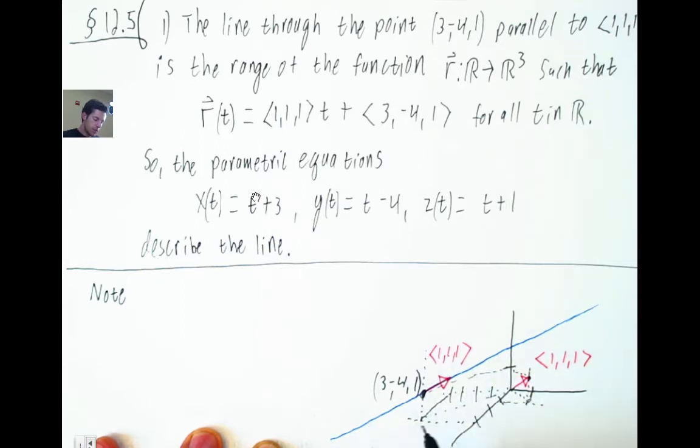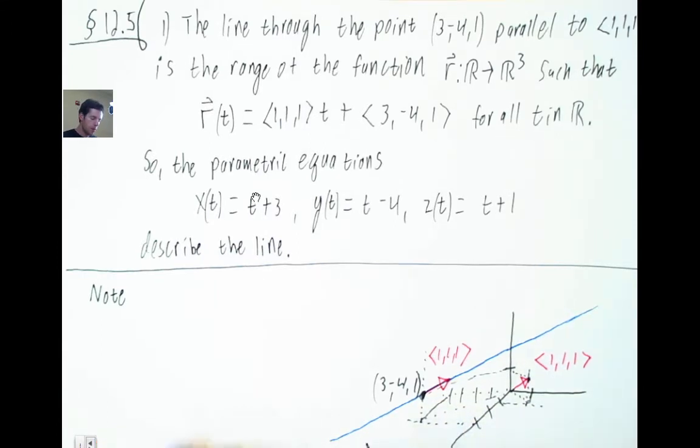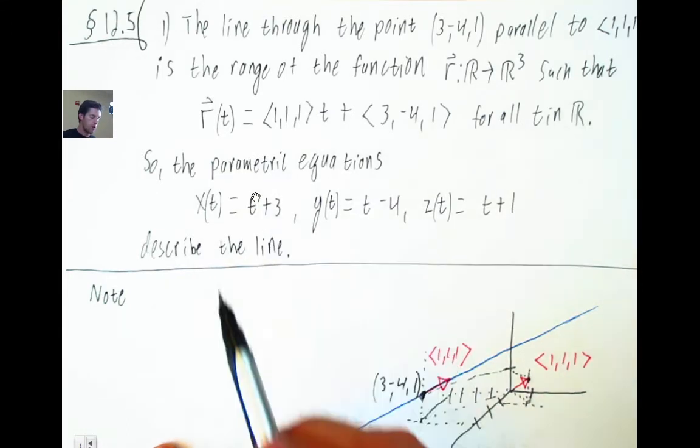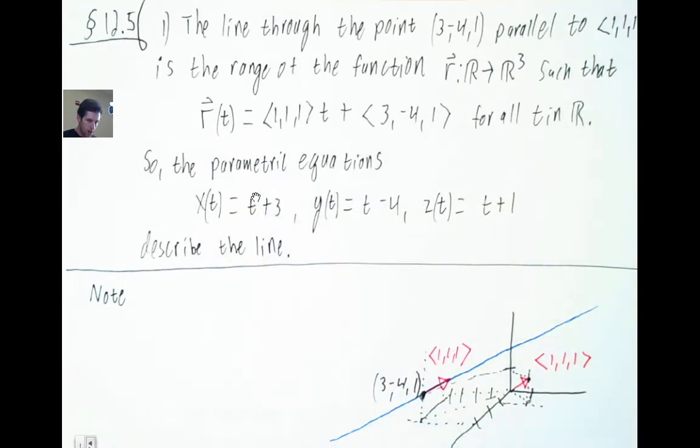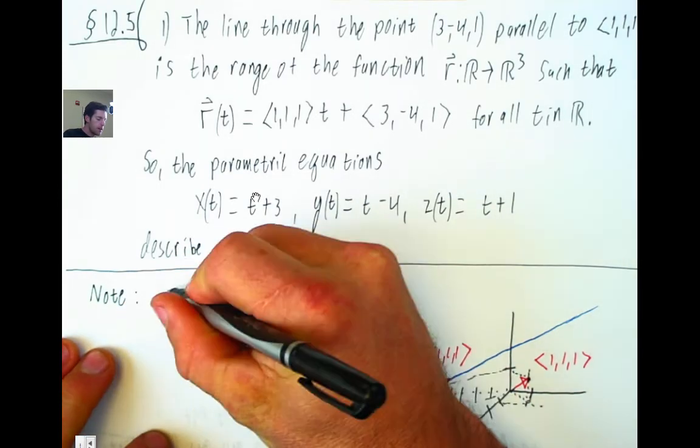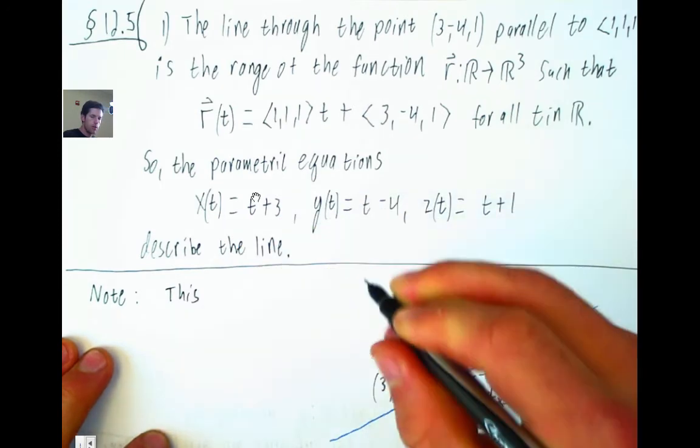And so you should think of this as starting at (3, -4, 1), and moving either in the direction of (1, 1, 1) from there, or in the opposite direction. So that's the blue line. And that blue line is the range of this function I've defined up here, r. R vector, you might call it, since it carries a harpoon above it. So the note that I want to make is this same line is the range of lots of functions.